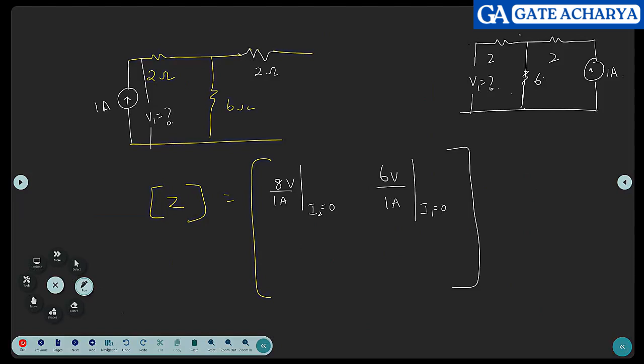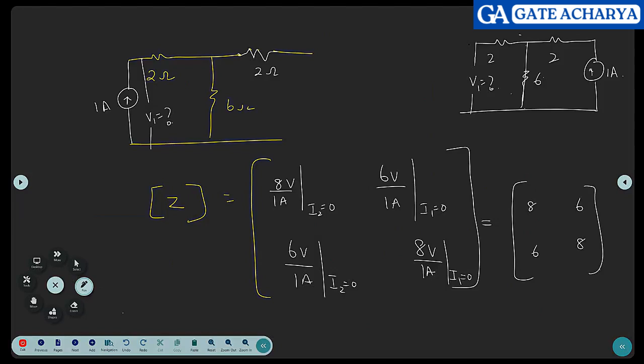Symmetric. So you're going to get 6 by 1. And here it will be... so what is the final matrix? Z matrix.